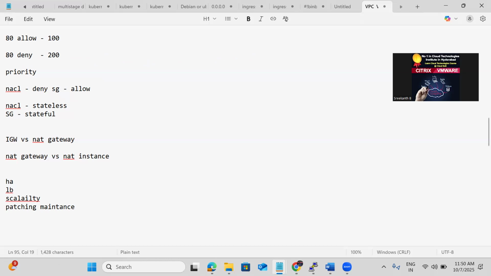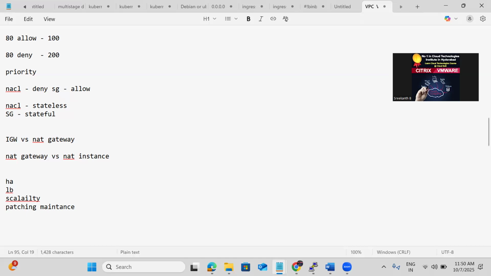Both are for the same purpose, but mostly NAT gateway is recommended. With a NAT gateway we can't customize our own security group rules, but with a NAT instance we can. So if our own rules need to be customized, we use a NAT instance.